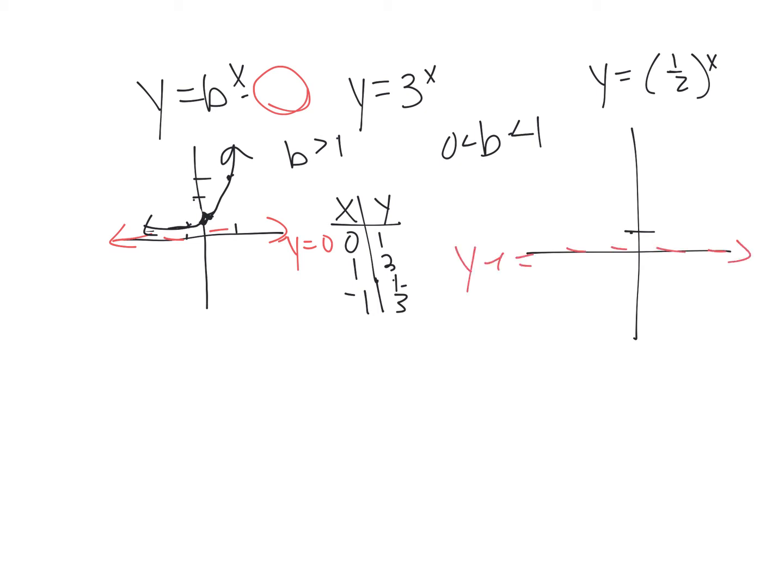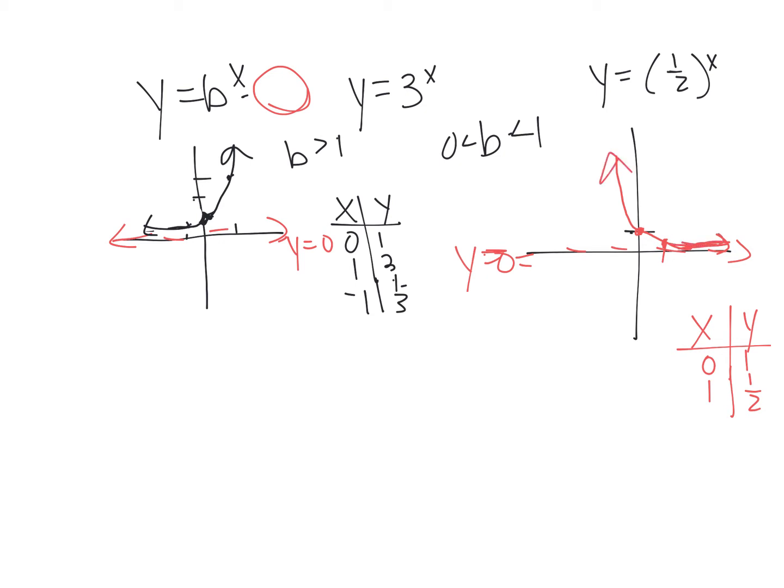We have y equals 0. We have the same point because if I use x, y, and I said 0 and 1, well, that's still 1. So that's still that same point. And if I put it to the power of 1, it's 1/2. So it is over here. If I did -1, I would find that it's at 2. And so my graph looks something like, shouldn't have a little wonky there.